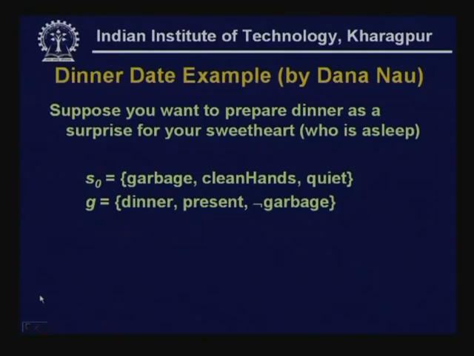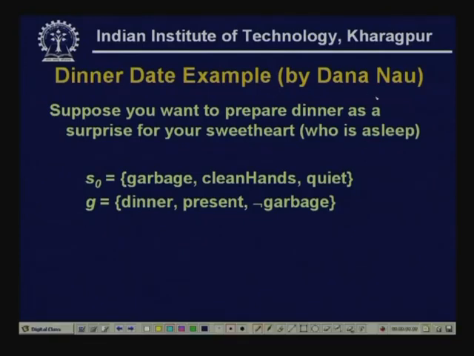Now, let us look at an example to illustrate the construction of the planning graph, and then subsequently we will use the same example to run the graph plan algorithm. This problem is posed by Dana Nau. Suppose you want to prepare a dinner as a surprise for your sweetheart, and the initial state is as follows.